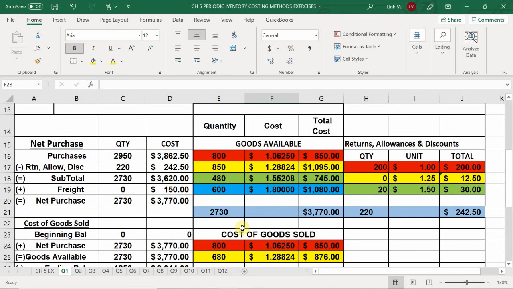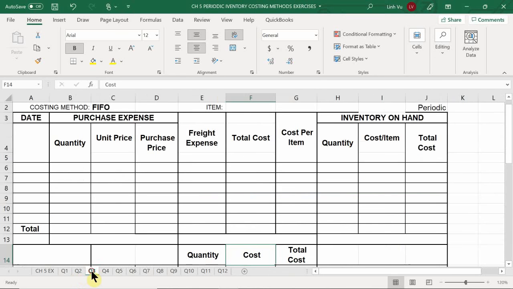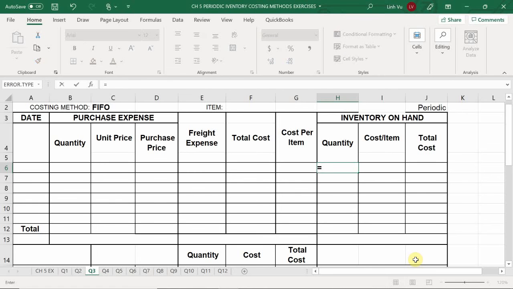We're going to carry all 3 batches onto our new inventory worksheet for question number 3. I know for a fact that my yellow batch, I started out with 850, but I ended up selling 680.